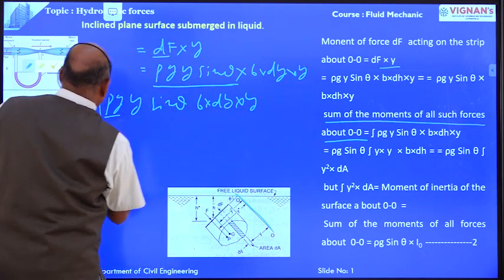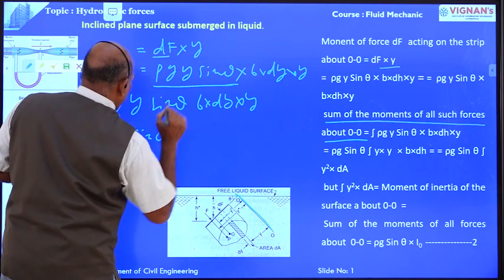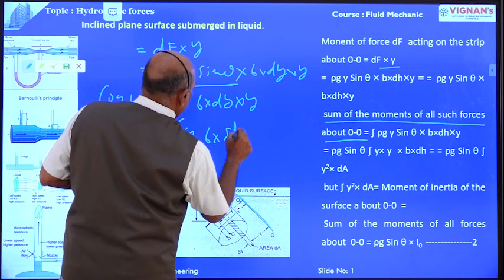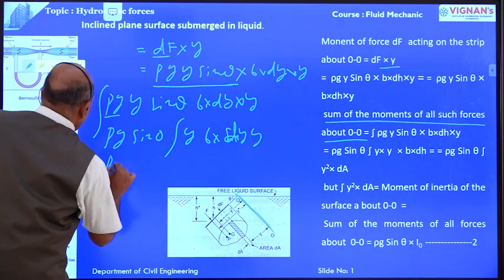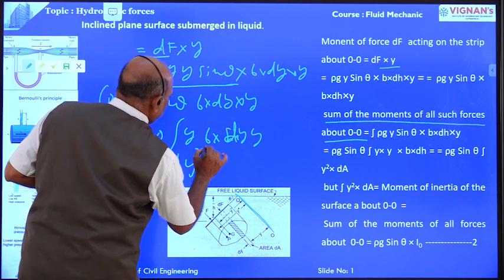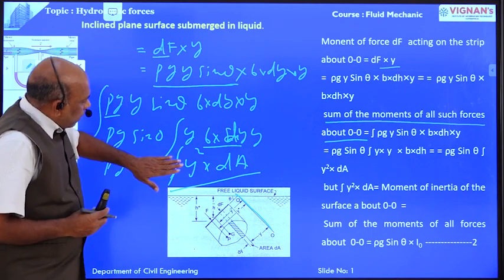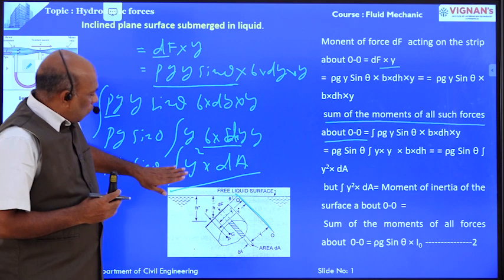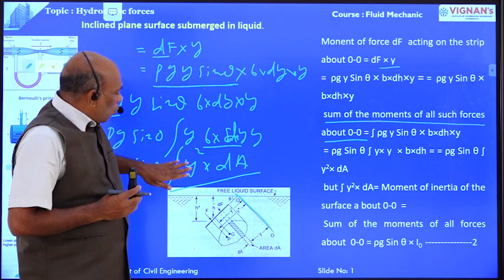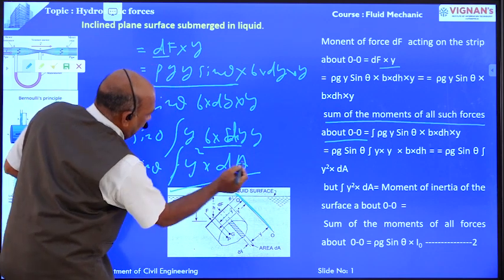Taking rho g sin theta out, we get the integral of y square into b dy, where b dy is nothing but dA. Here the integral of y square dA is the moment of inertia about the surface, that is, the moment of inertia about the axis OO.